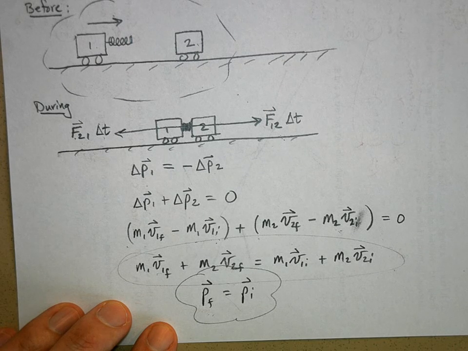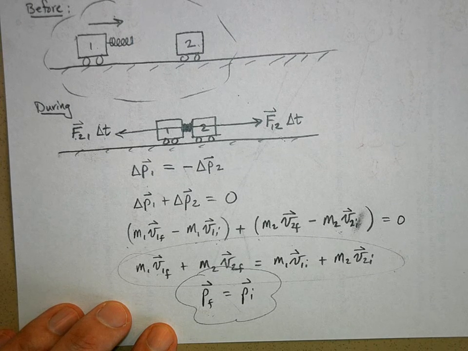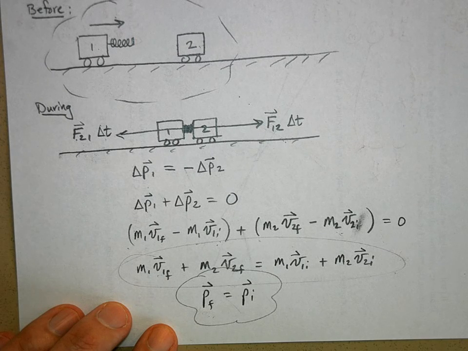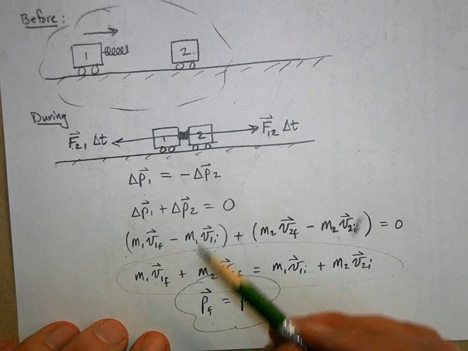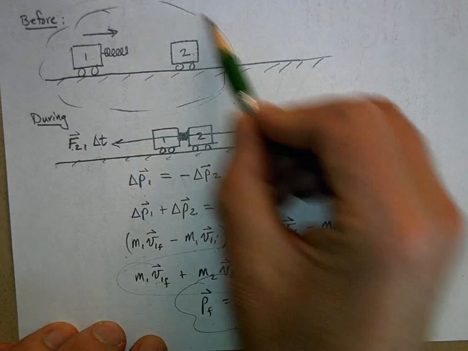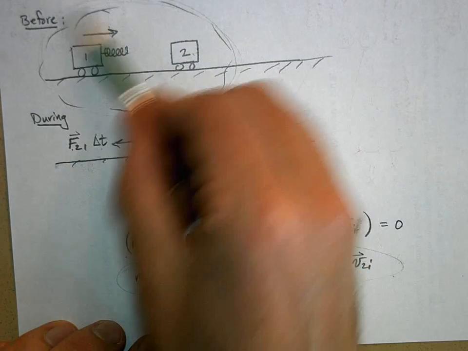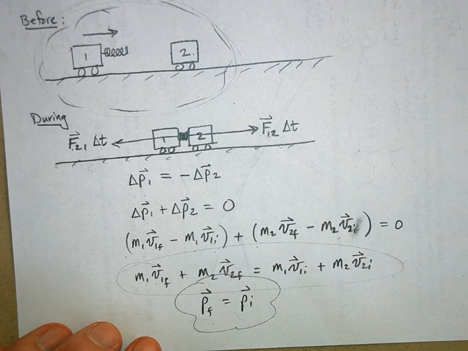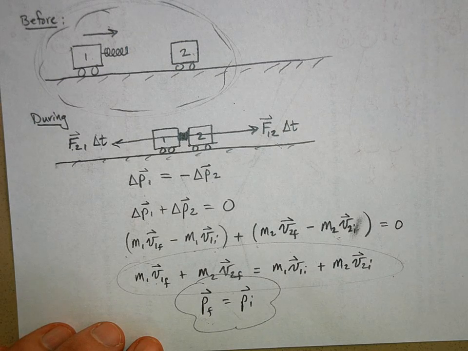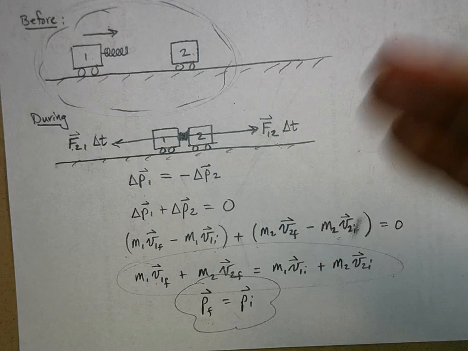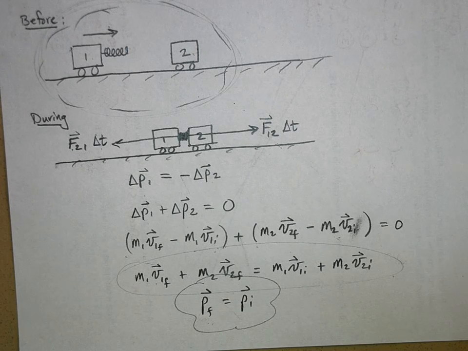The assumption was that the only force acting on these objects was internal to my system. Okay, because look, here's my system, object 1 and object 2. And there's no net outside force from the outside world that's changing the momentum of either of these guys.